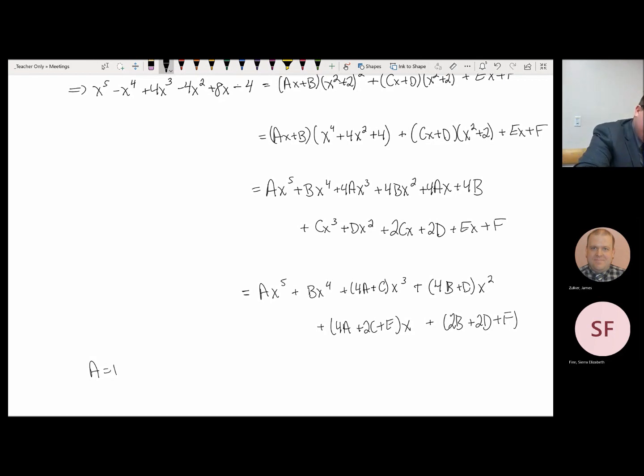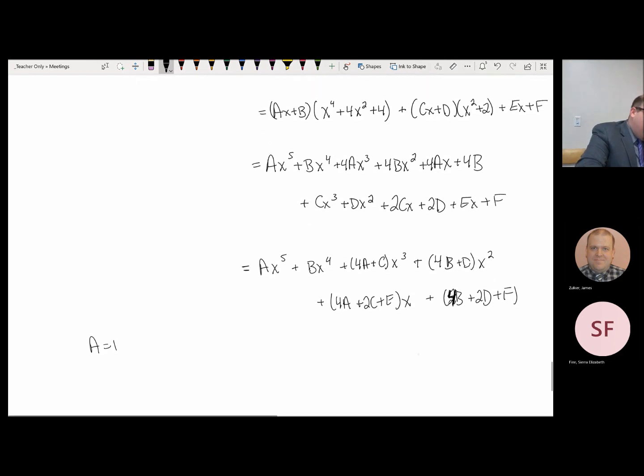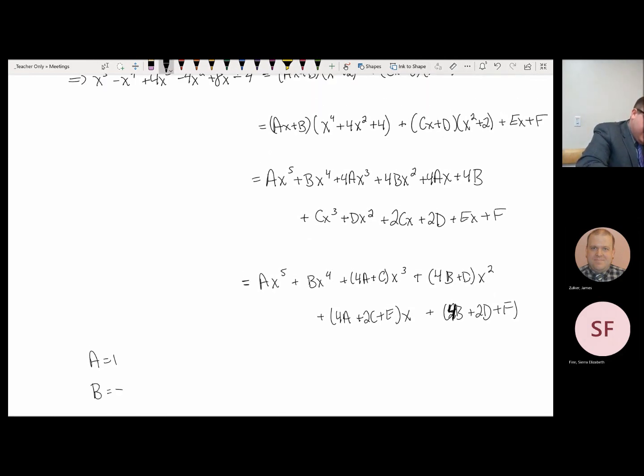Where did I get 2 from? I have no idea. Yeah, that's a 4b. A has to be 1. B has to be -1. Right away, we know 2 of the values. That's what makes this system really nice.